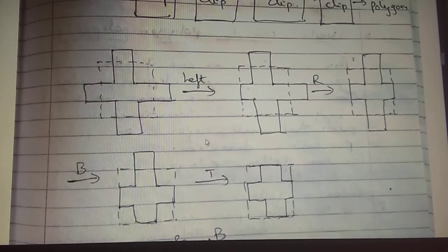After clipping a polygon with respect to all four boundaries, we will get the final clipped polygon. Now when we clip a polygon with respect to any particular edge of the window, we have to consider the following four different cases, as each pair of adjacent polygon vertices is passed to the window boundary clipper.